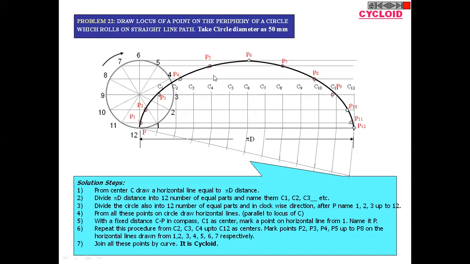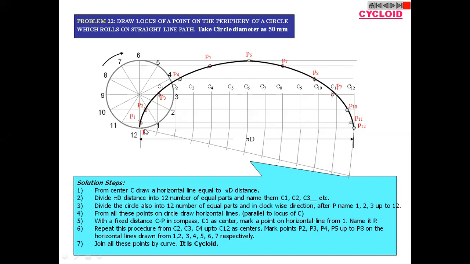Now, in this case, we consider the moving point to be exactly on the circumference of a circle. But there are two other possibilities.